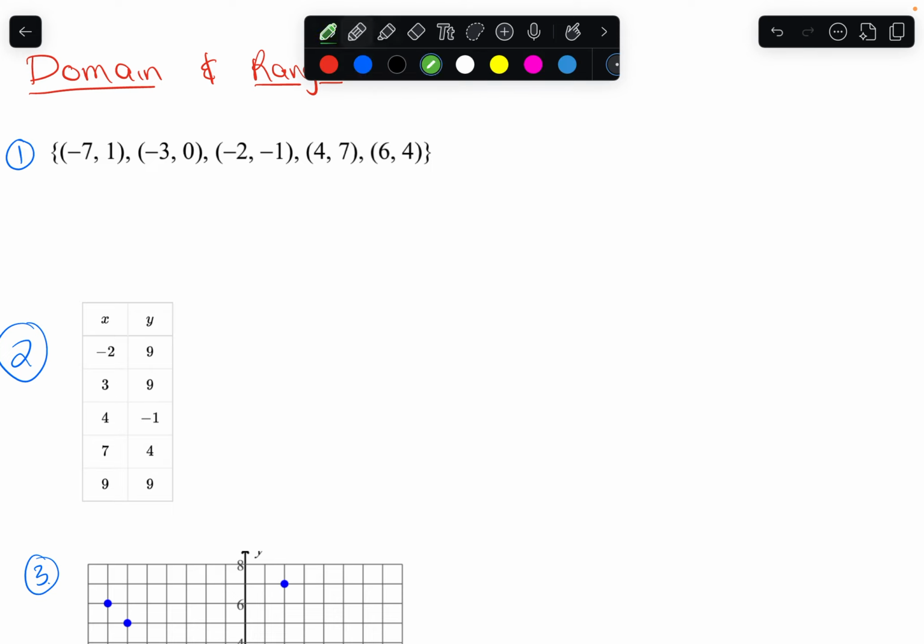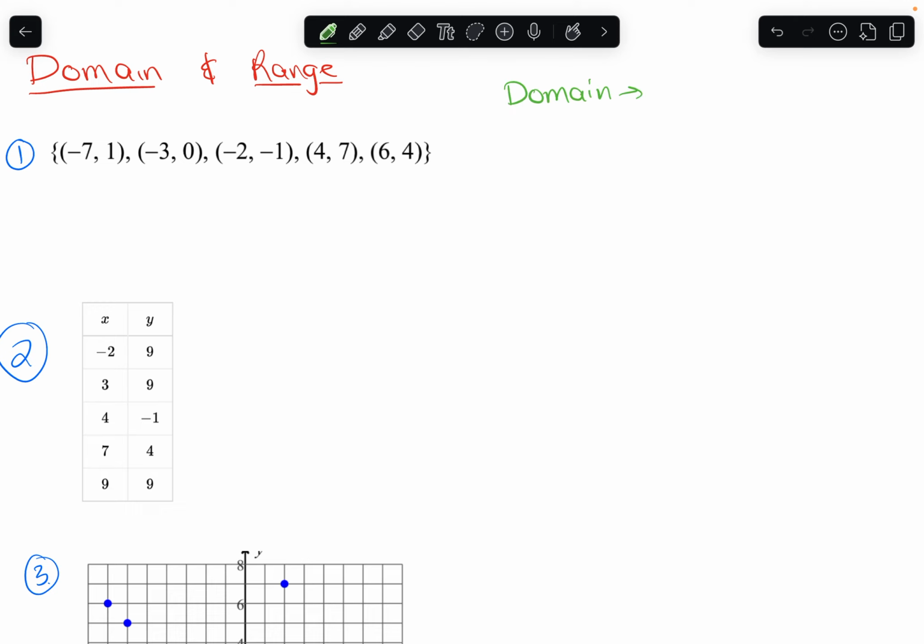So first things first, that's very important, is that our domain is the set of inputs. Now the set of inputs, really what we mean here is that these are our X values. Now, one thing that's very, very important when you go to actually list this is that you specify what is your domain and what is your range.